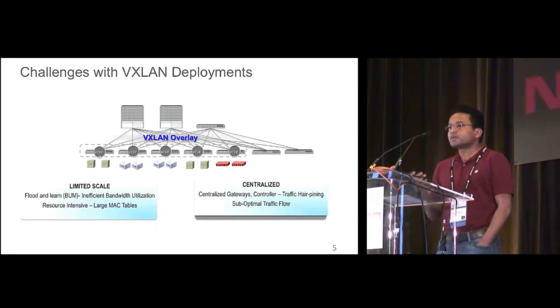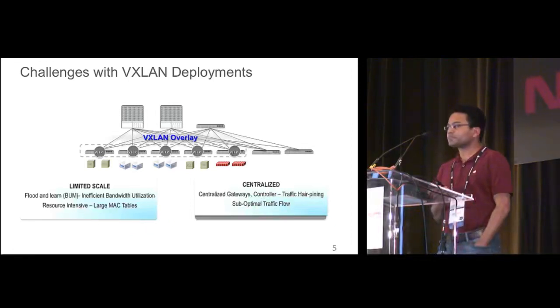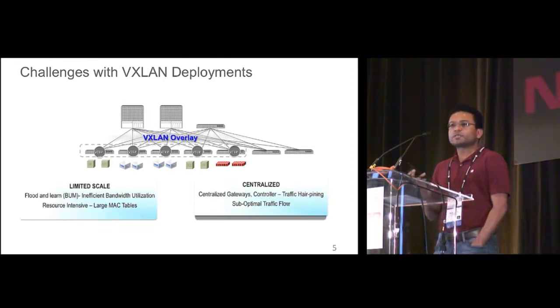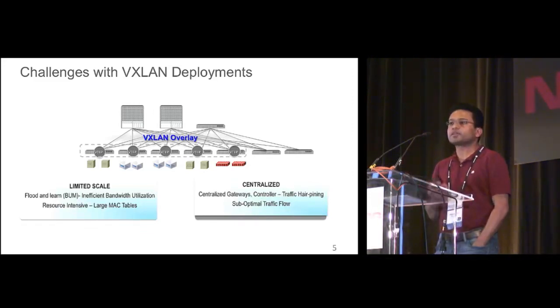This leads to bandwidth utilization problems, inefficient bandwidth, and also large MAC tables. Whereas if you have a control plane like BGP EVPN in place of flood and learn, the ARPs and unknown unicast traffic are dropped at the VTEPs, which are the VXLAN tunnel endpoints, and we don't send them into the L3 underlay. So we'll have much more efficient bandwidth utilization.